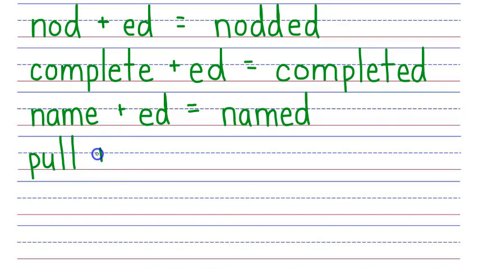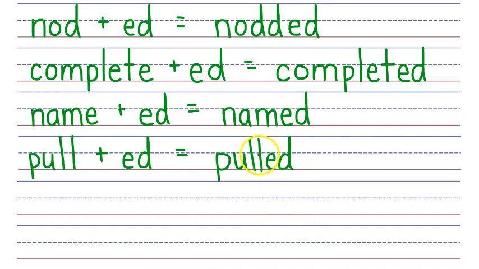If I want that to happen in the past, I add the ed phonogram to get pulled. Do you hear the last sound? D, without an E before it. D all by itself. P, ol, and an ed that says D.